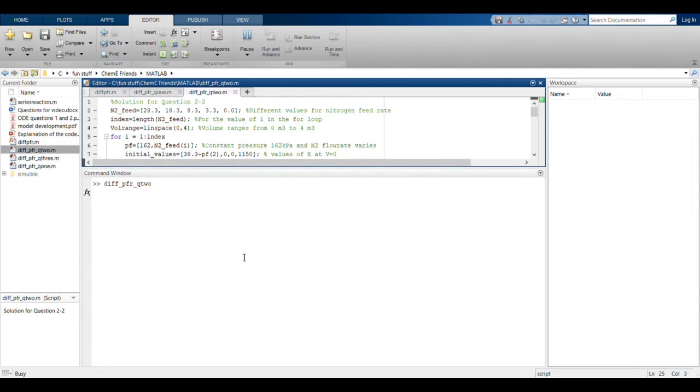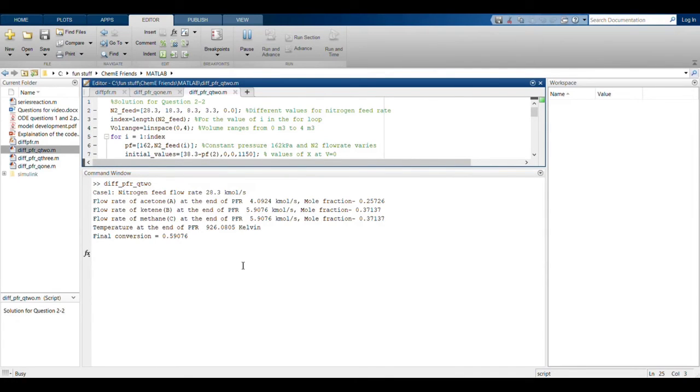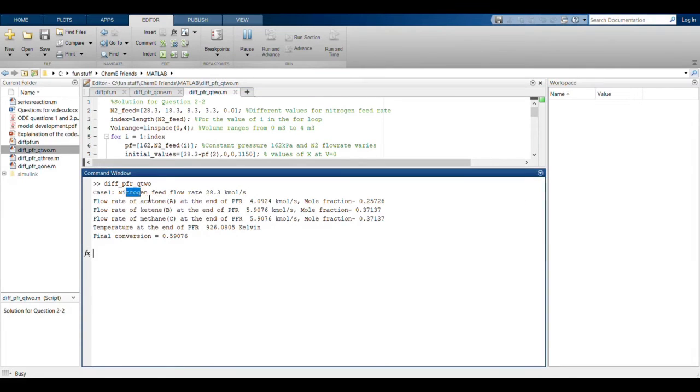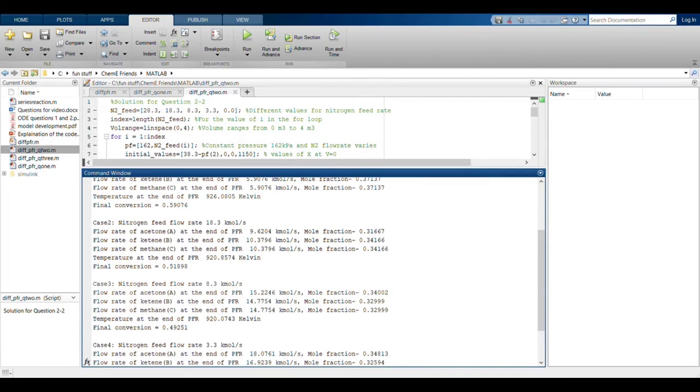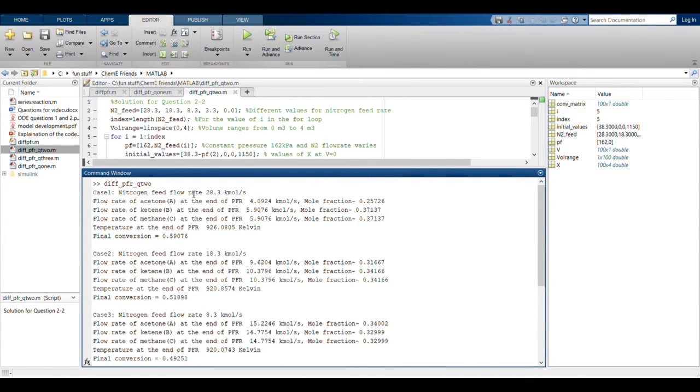Let's see what we get. So there will be 5 cases, obviously. This is the first case where the nitrogen feed flow rate is this, which is relatively high compared to the rest of the cases, and we can see the conversion is almost 60%, which is 59%.